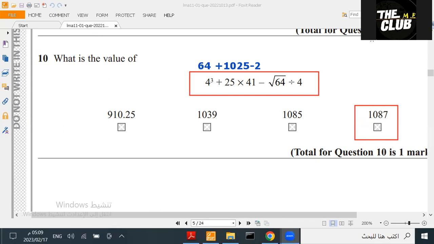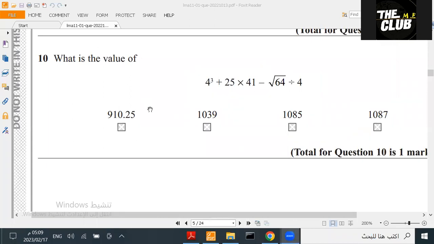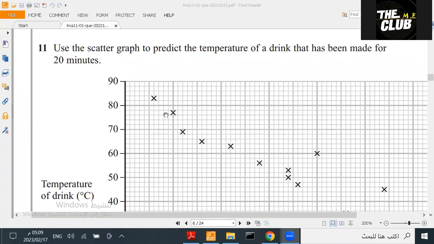Let's move on to the next question. Question 11. Use the scatter graph to predict the temperature of a drink that has been made for 20 minutes.